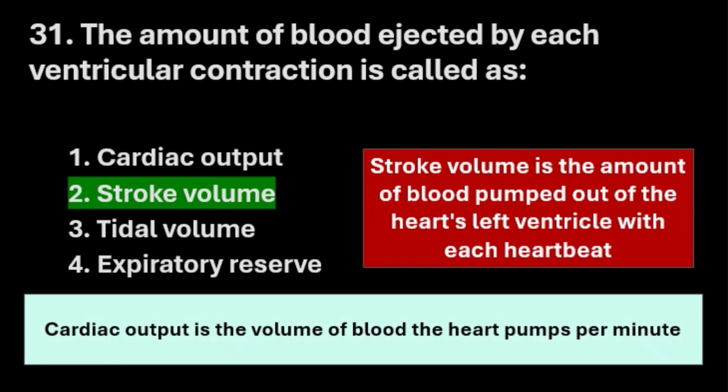But cardiac output is the volume of blood the heart pumps per minute. So output is per minute and stroke volume is per each heartbeat. You have to distinguish that while attempting this kind of questions to avoid negative marks.